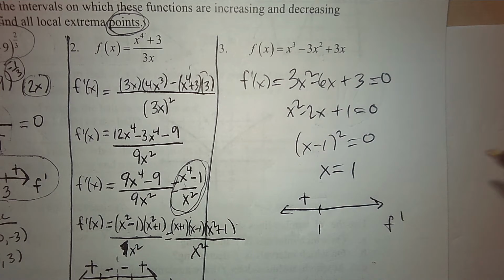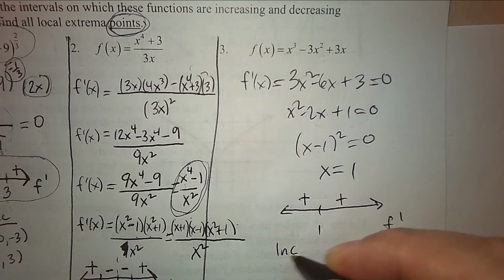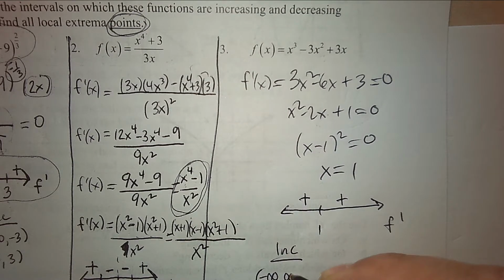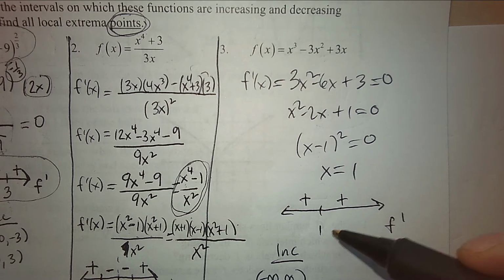Pick a million. What's a million squared? Guess what it's going to be? Positive. So where is it increasing? From negative infinity to positive infinity. Why did I include it all, Conlery? Because at 1 it's defined. It's not an asymptote or anything.